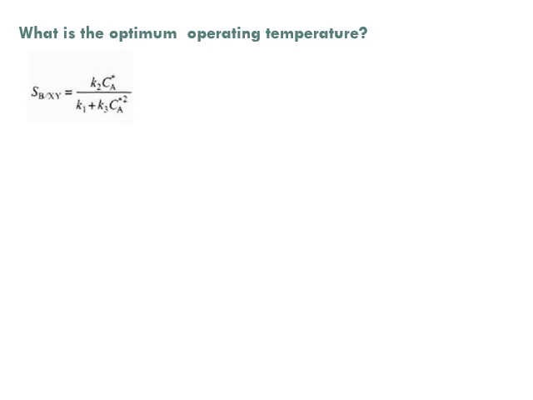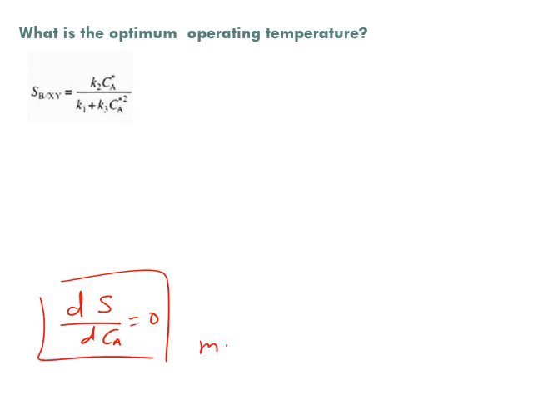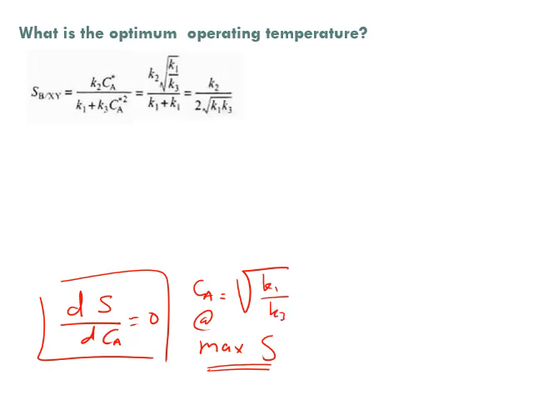Remember, we found it from dS over dCA equals 0, because this gives the CA at the maximum S, and we found it to be the square root of K1 over K3. So let's substitute here and rearrange.